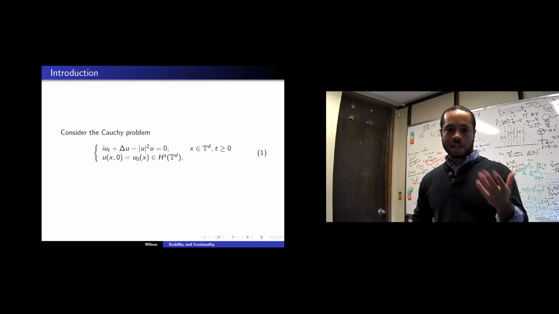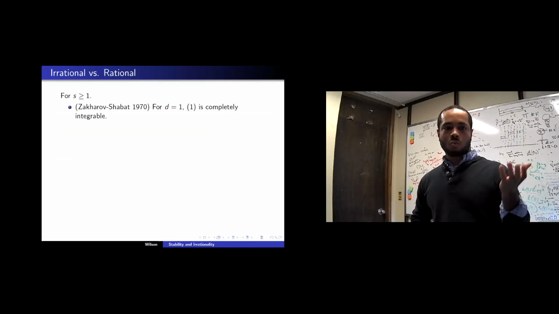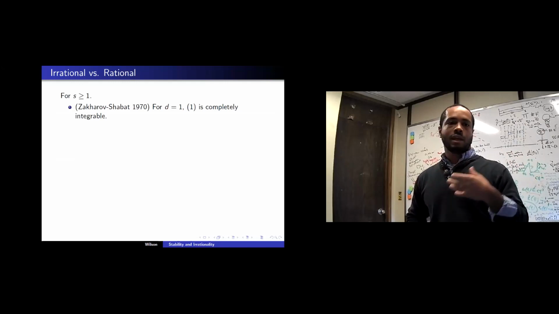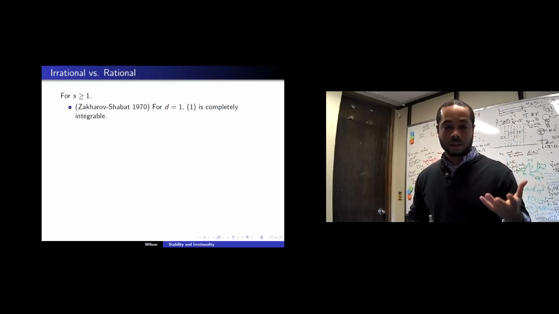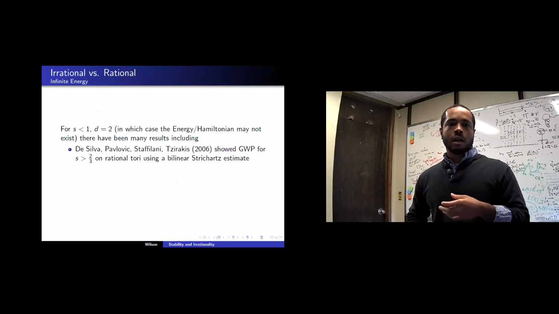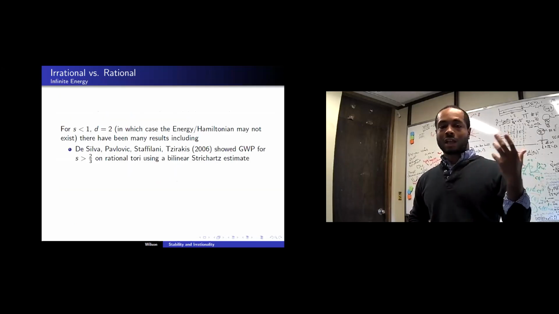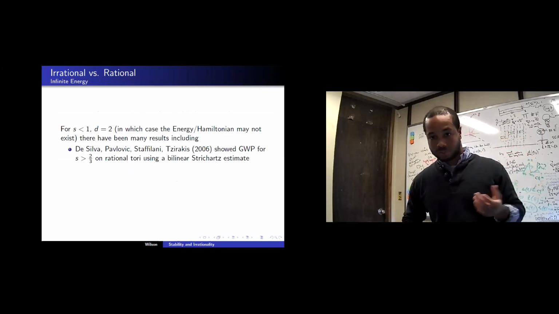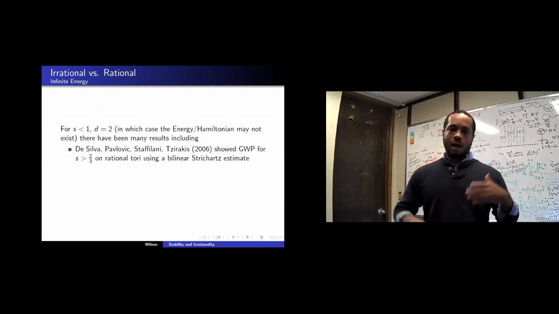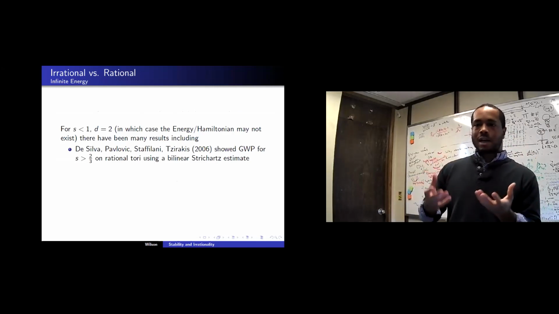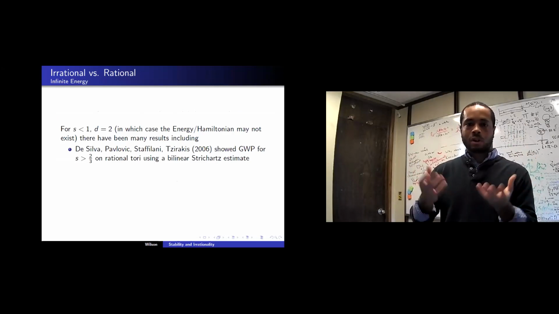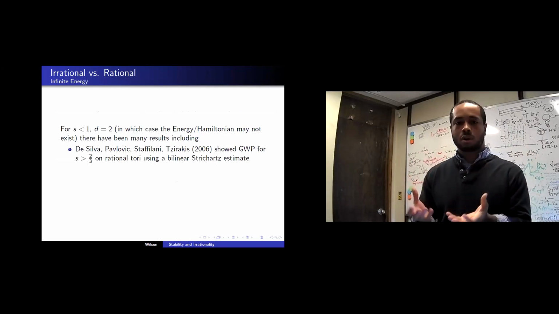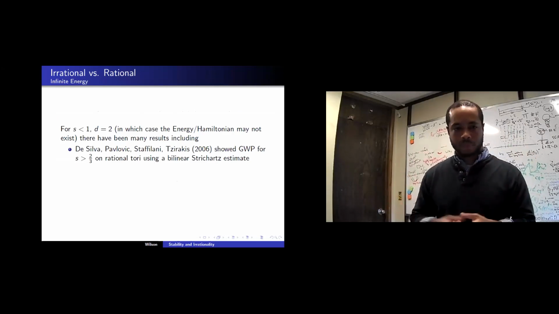And when I assume that I have more than one derivative, then my phase space has very regular data. And when I assume that I have less than one derivative, or fractional derivatives at least, then my phase space is such that the points in the phase space are not regular enough to ensure that my Hamiltonian is actually finite.